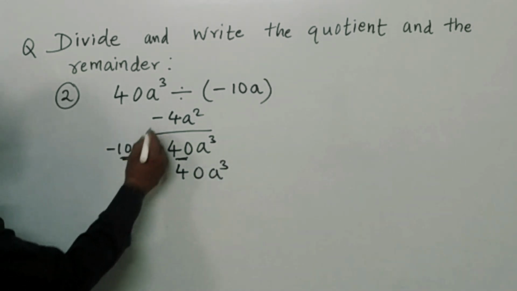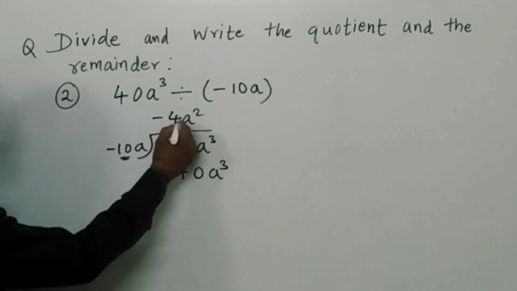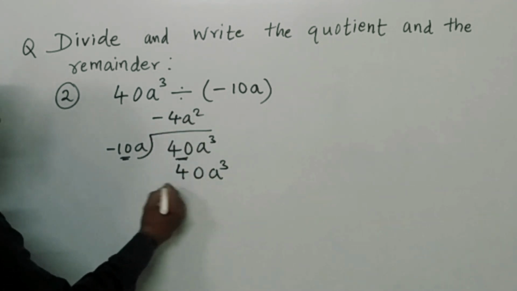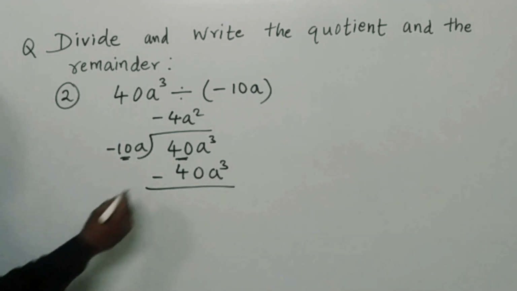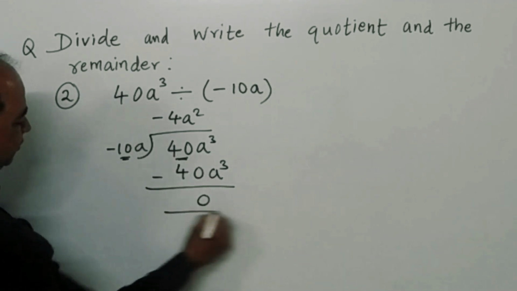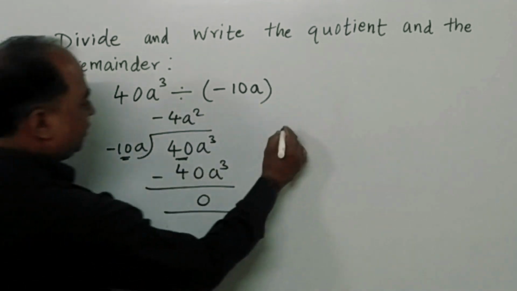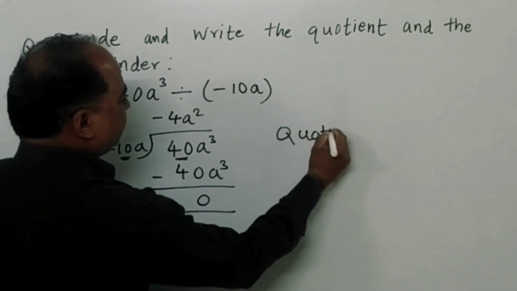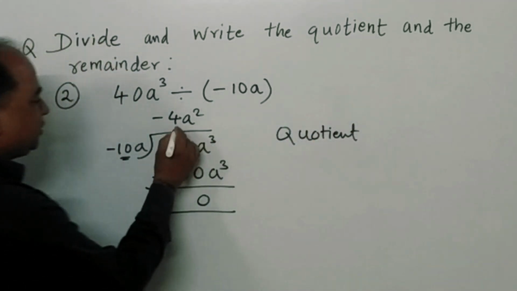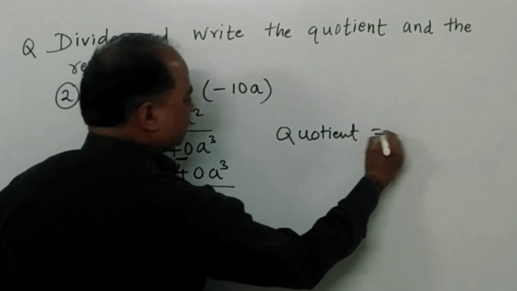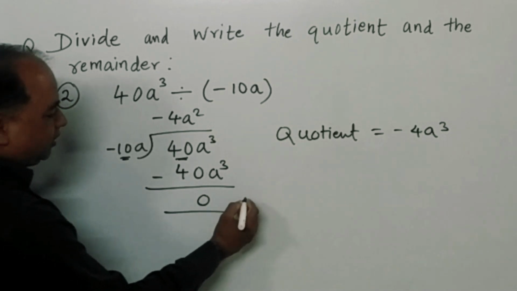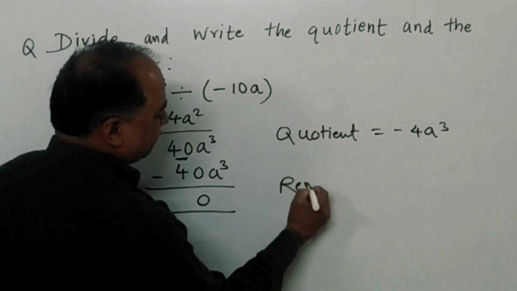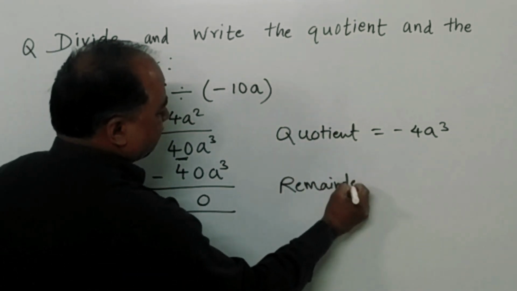So minus 10a into minus 4a square is equal to 40a cube. So 40a cube minus 40a cube is 0. So your quotient is minus 4a square, and the remainder is 0.